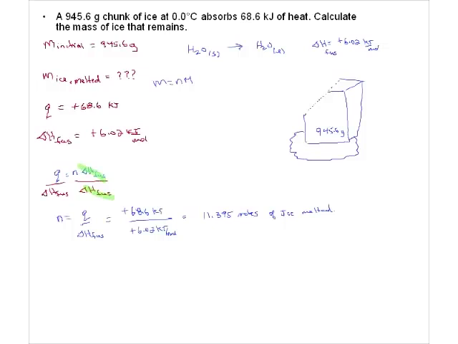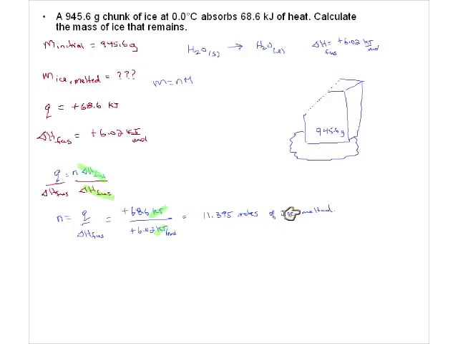So my formula is n equals q over delta H. I know what q is, it's a positive 68.6. I know what my delta H is, it's a positive 6.02 because it's the melting of ice. The kilojoules cross out, and I'm left with moles. So 11.395 moles of ice melted.